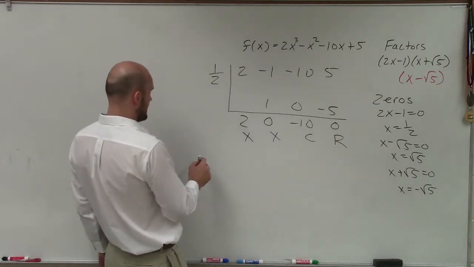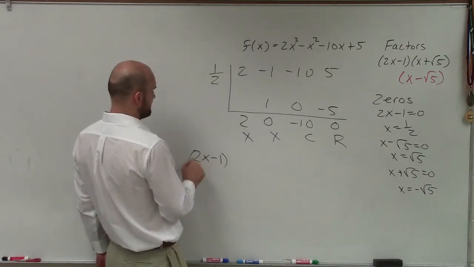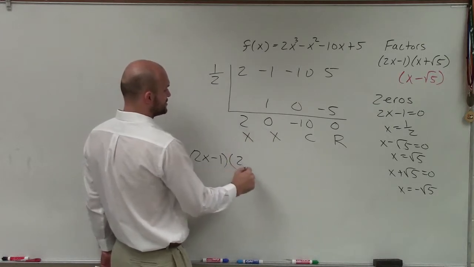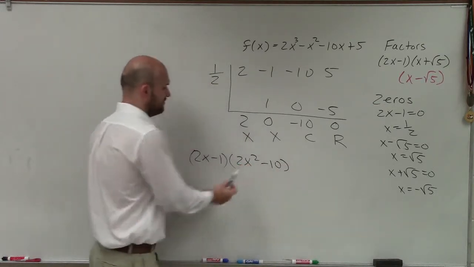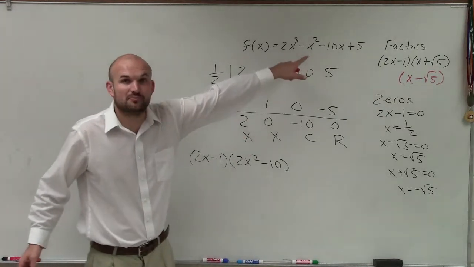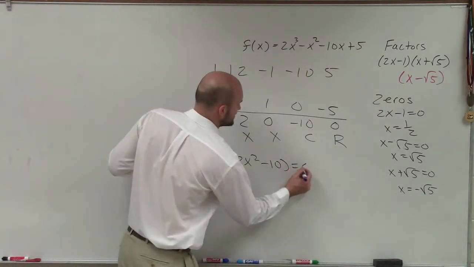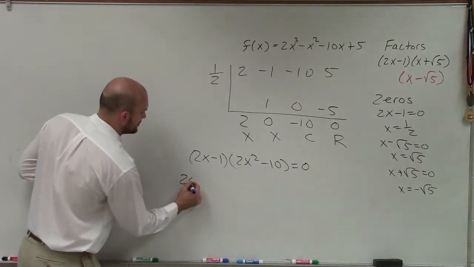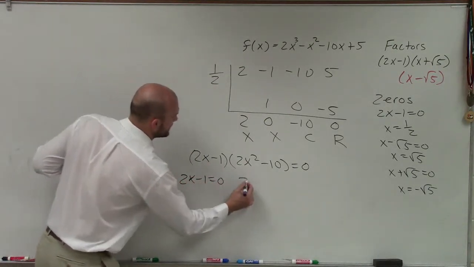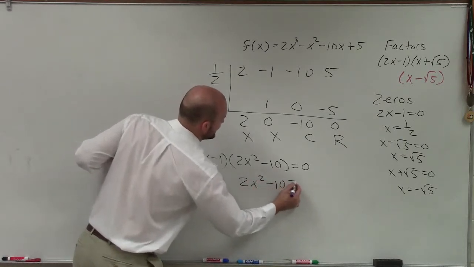Therefore, if I know that 2x minus 1 is a factor, then this other factor is 2x squared minus 10. This times this equals my original polynomial, so we can set them equal to 0. Well, we already know 2x minus 1 equals 0, and then here 2x squared minus 10 equals 0.